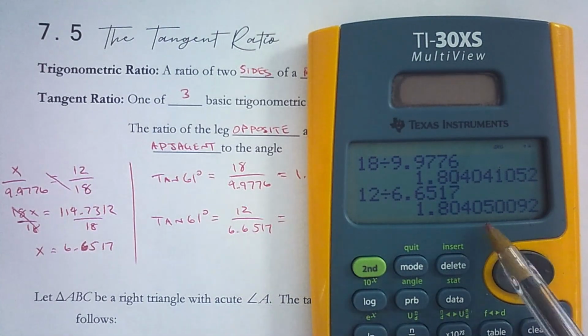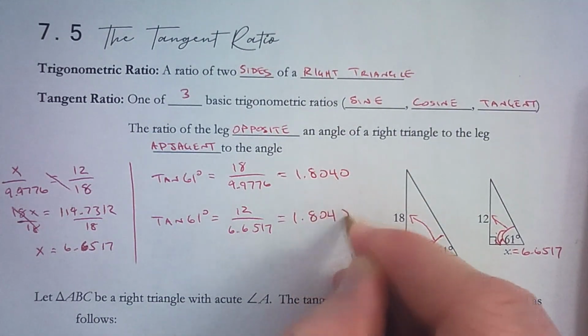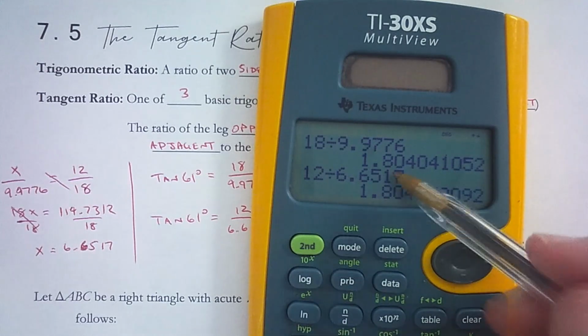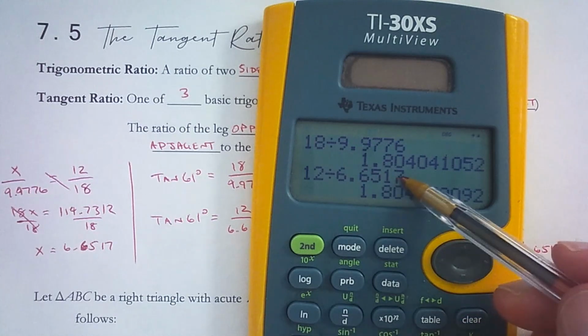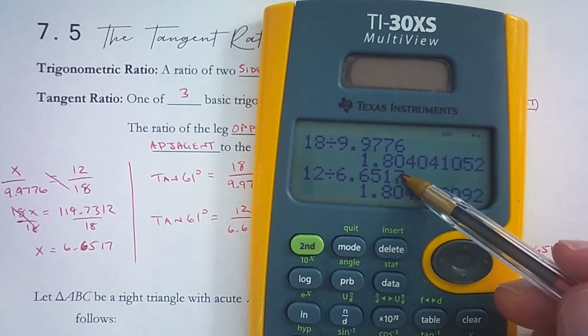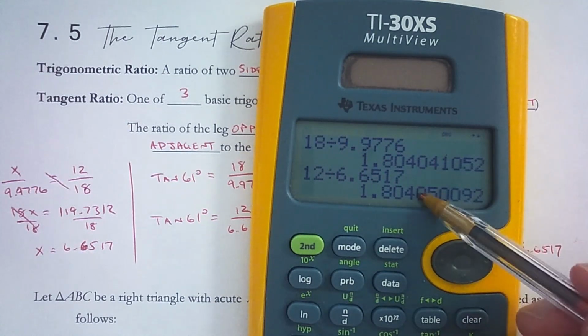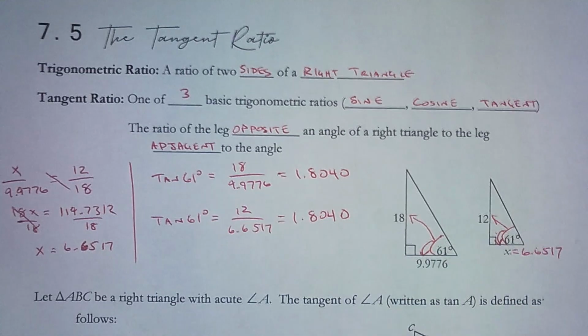In fact, I'm going to write it as exactly the same, 1.8040. After that, they become a little bit different, but that's only because this is a rounded number. This 6.6517 is not exact. It's a rounded number, so that threw this off a little bit. But otherwise, they came out to the same ratio, the same decimal value.